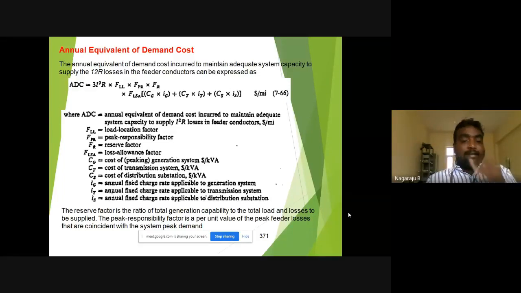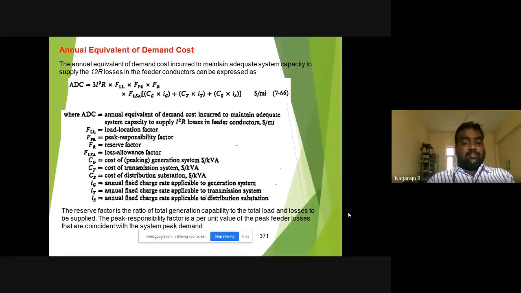And the reserve factor. These are the few things you got. Cost, you know about that, and for the fixed charges purpose you need to go for the distribution rules. And where is the tariff, you need to know. The reserve factor is the ratio of total generation capacity to the total load and losses to be supplied.